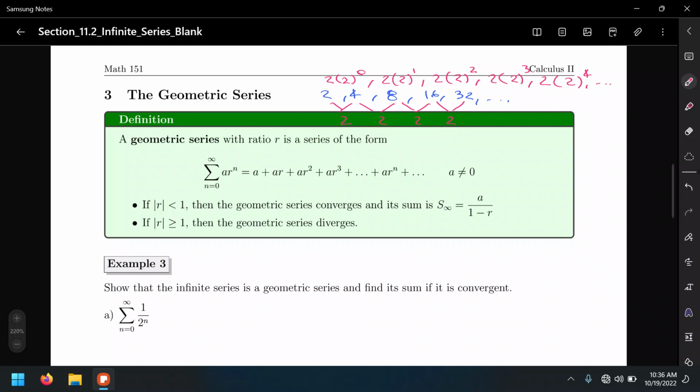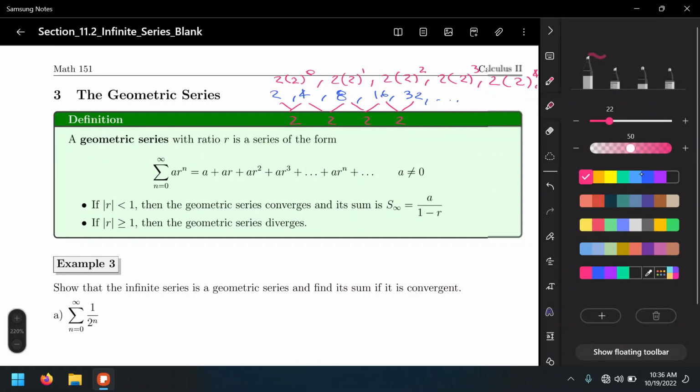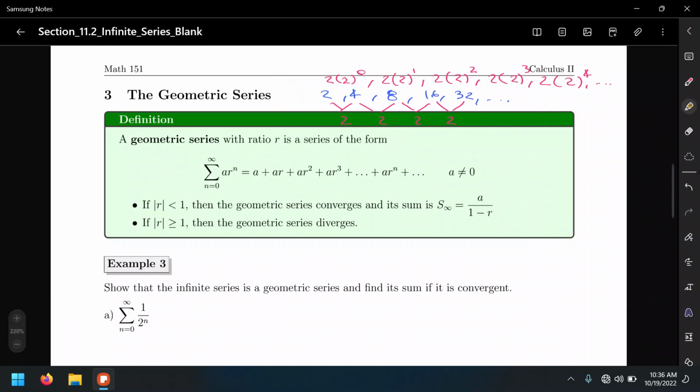This pattern continues here. So see how this common ratio right here is essentially this R to the n, and that depends on whether we're working with the 0th term, the first term, the second term, etc. All right. So that's the form of a geometric series with a numerical example.